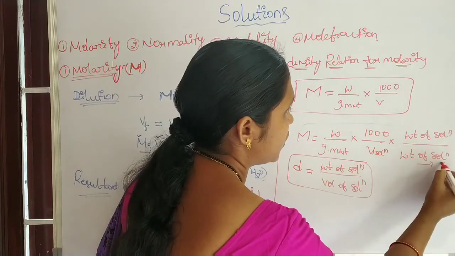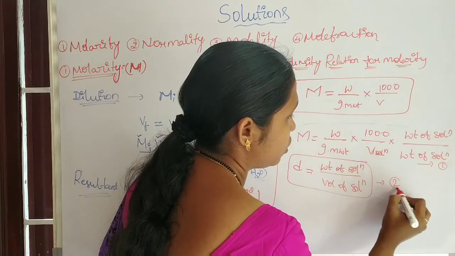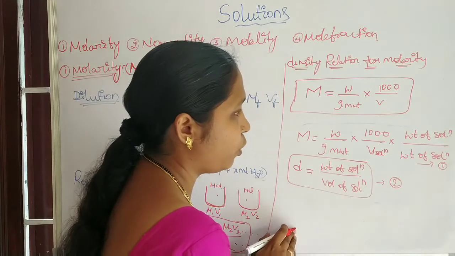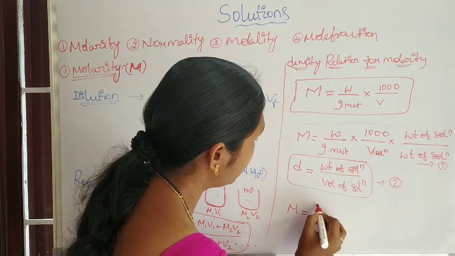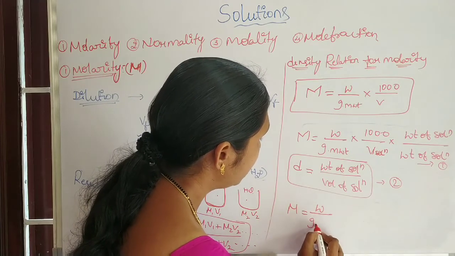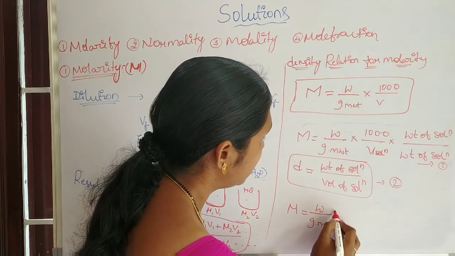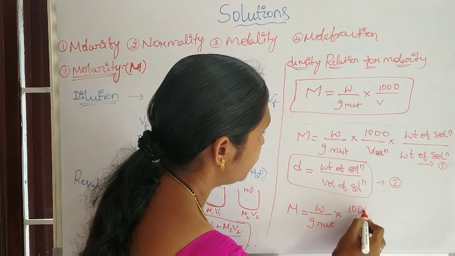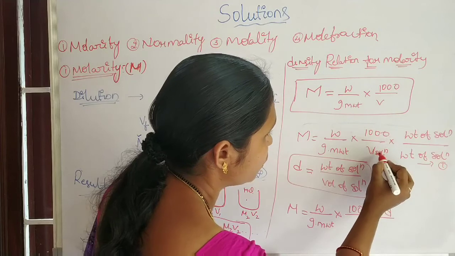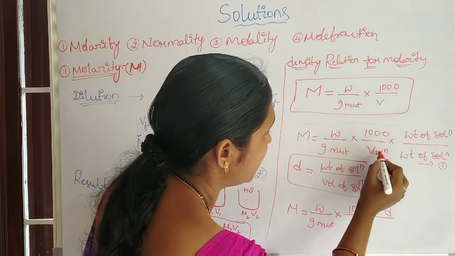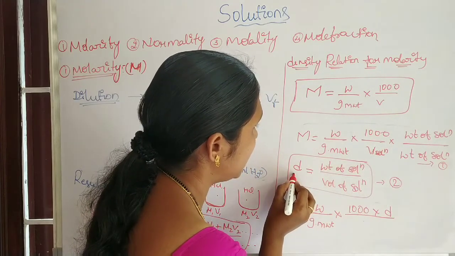This is equation 1 and this is equation 2. Substitute 2 in 1. So molarity equals weight divided by gram molecular weight, into 1000 into D, divided by the weight of the solution. In place of weight of solution divided by volume of solution, we have substituted the density.